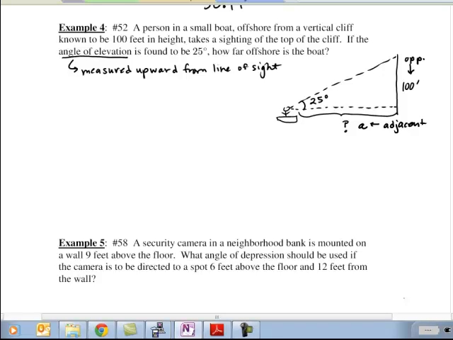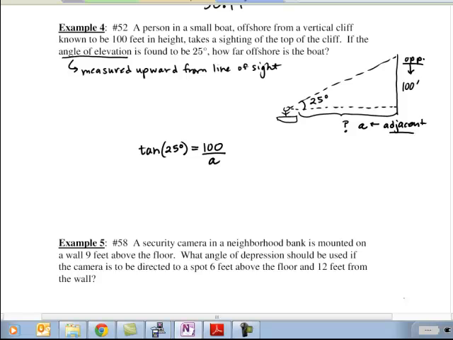We have an angle, we have the opposite side, and we want the adjacent side. If we're looking at the opposite and the adjacent sides, tangent is the function that pulls all that together. So tangent of 25 degrees is the opposite, which is 100 feet, divided by the adjacent, which we don't know, but we've called A.